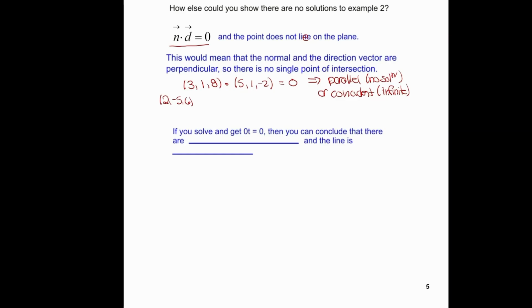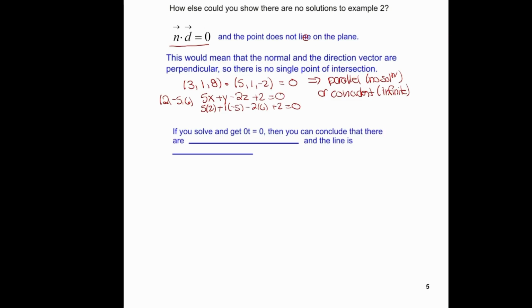Just as a reminder, our equation of the plane was 5x plus y minus 2z plus 2 equals 0. So let's sub in this point and see if this works out. We have 5 times 2 plus 1 times negative 5 minus 2 times 6 plus 2 equals 0.